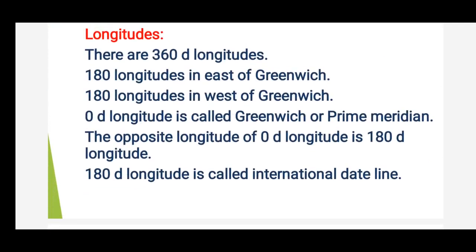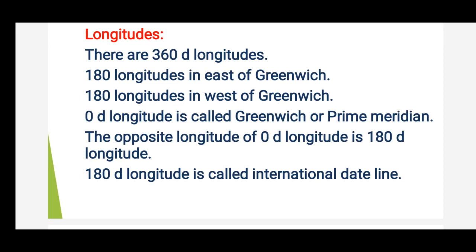Children, as I told you earlier, there are 360 degrees of longitudes on the globe, covering the globe from North Pole to South Pole. So there are 180 longitudes on the east of Greenwich and another 180 longitudes on the west of Greenwich.